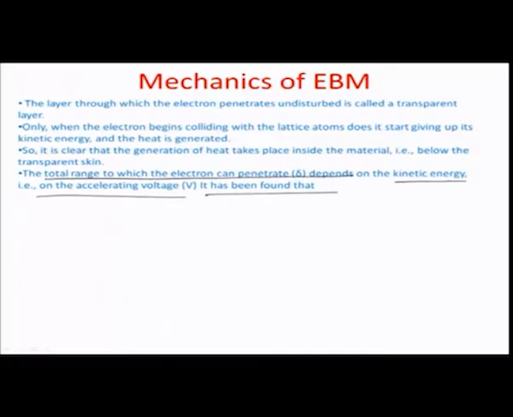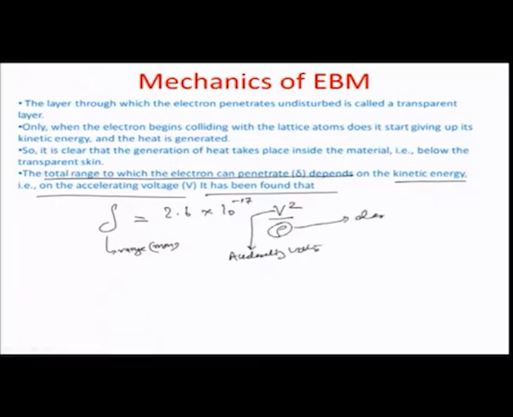And empirically it has been found that delta, the beam penetration depth, can be related to the voltage by the equation delta = 2.6 times 10 to the power of minus 17 times V square divided by rho, where delta is the penetration range in millimeters, V is the accelerating voltage, and rho is the density of the material.